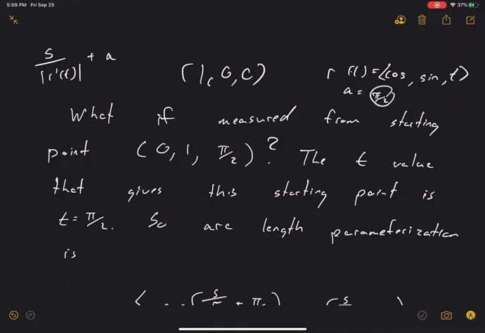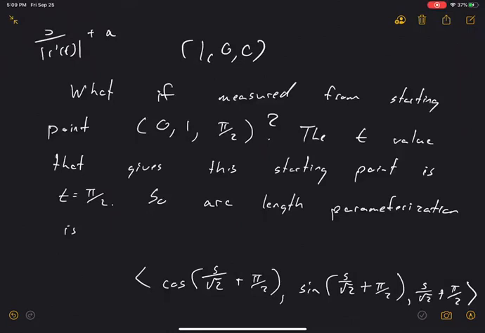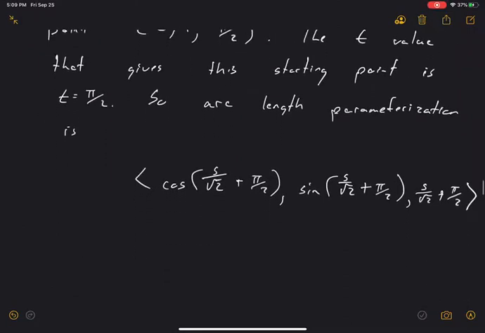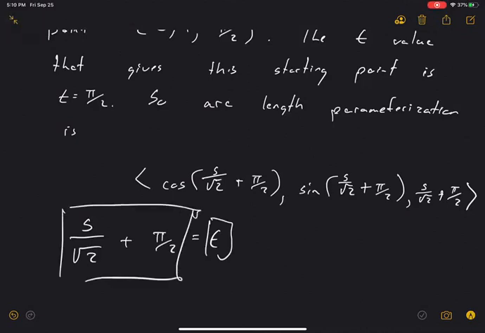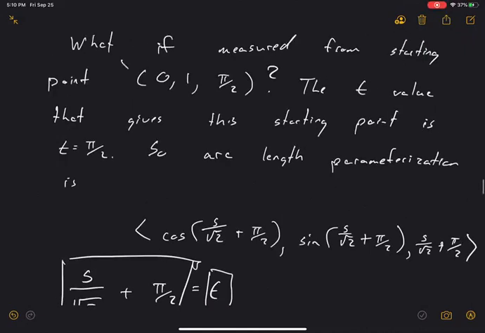So I plug pi over 2 into this function, I get this point. So my a is pi over 2, and the magnitude of r prime of t hasn't changed from the first version of this problem. It's still square root of 2. So I should have s over square root of 2 plus pi over 2 equal to t. So in my function, I replace my t with this left side here. And now I'll be parameterized in terms of arc length for this starting point.